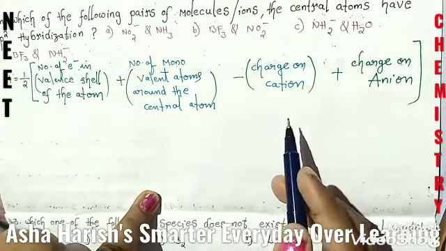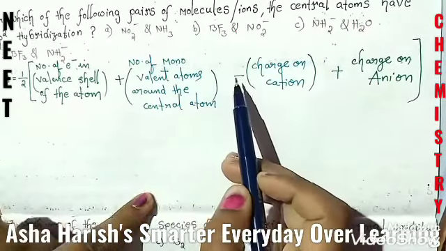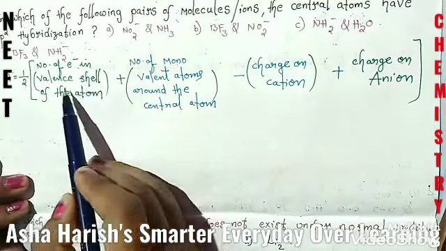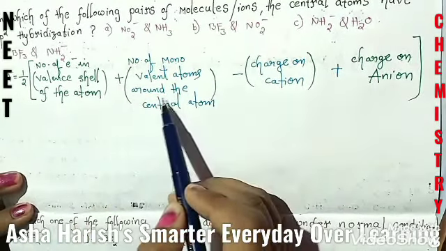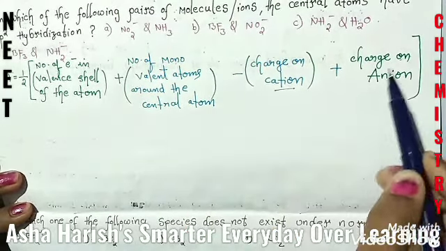Here we have the formula to find out the hybridization of these ions and molecules. That is, students, half into the number of electrons in the valency shell of the atom plus the number of monovalent atoms around the central atom minus the charge on the cation plus the charge on the anion.